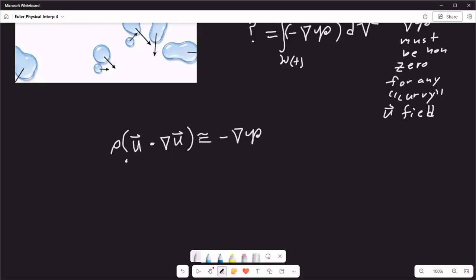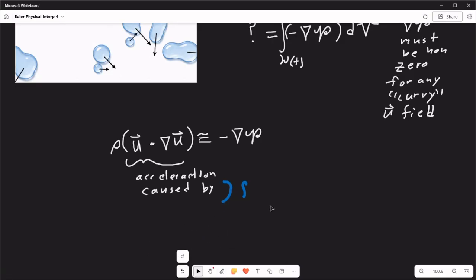So this term is effectively acceleration caused by this arcing flow, that's basically an arc around.